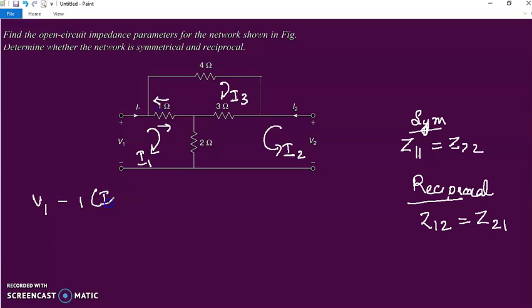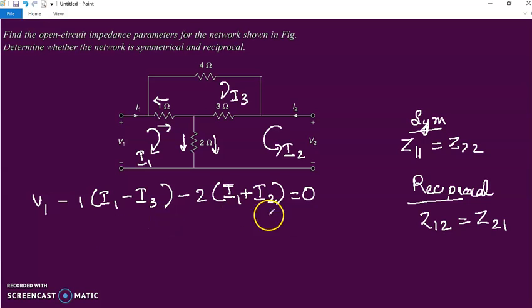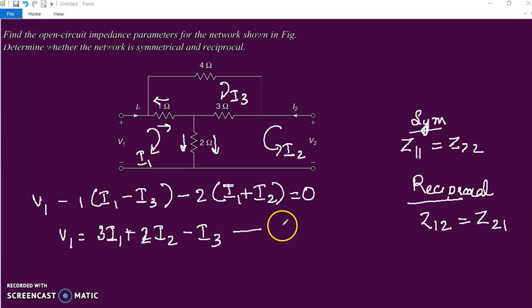So I1 minus I3 minus 2 into, both these currents are flowing in the same direction, so I1 plus I2 is equal to 0. So we'll rearrange this by grouping together the I1, I2 and I3 coefficients together. This is equation 1.